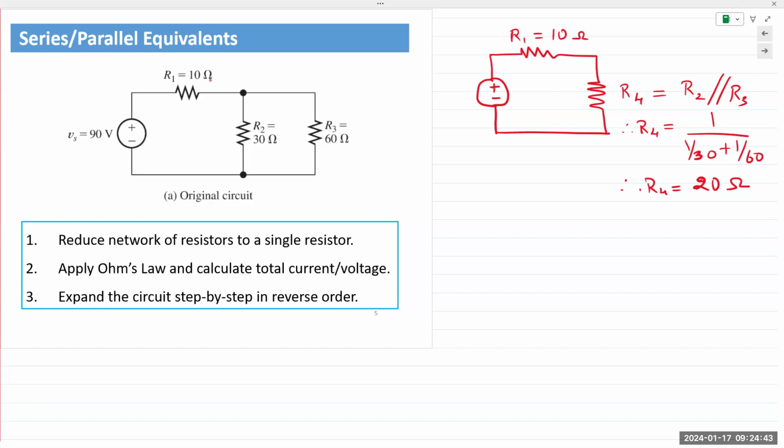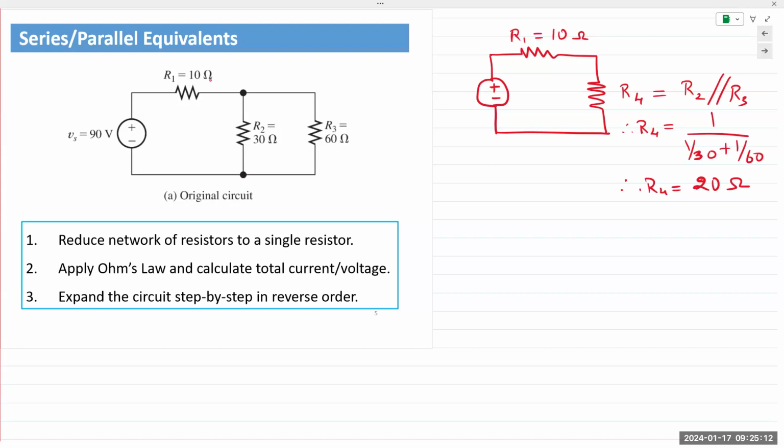Because when you add something to a quantity, we always expect it to be bigger. So a series combination of resistors has a value that will always be bigger than the largest resistor in that network. At the same time, when you have a parallel network of resistors, the total R equivalent for that parallel resistances will always be smaller than the smallest resistor in that network.